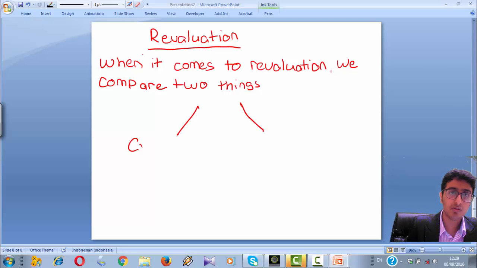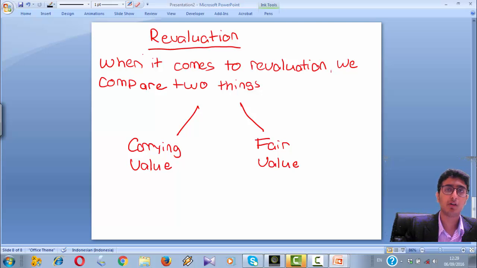One is the carrying value, or the fair value. We want to find out the difference between the carrying value of our asset and the fair value of our asset. Now, what is fair value of our asset?